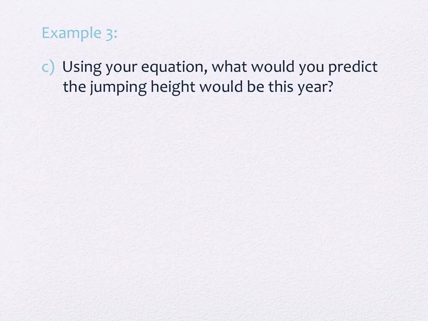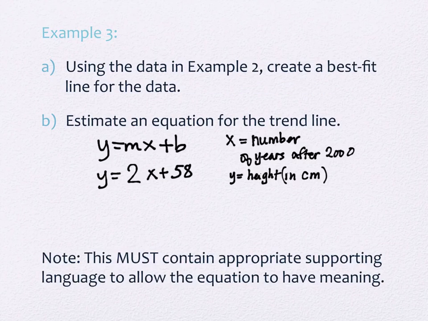The next question says, using your equation, what would the jump height be in this year? Well, what year are we in? 2022. What would 2022 be the way that I've described x? 22, right?